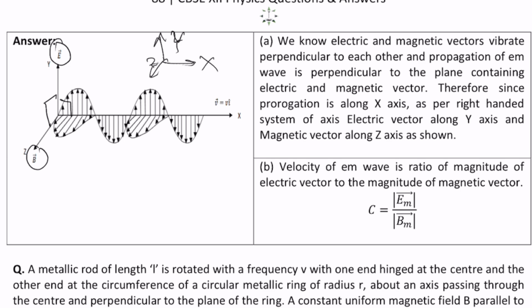This is how the electric and magnetic vectors vibrate. Now the second part: the velocity of the electromagnetic wave is the ratio of the magnitude of the electric vector to the magnitude of the magnetic induction vector. So E by B is the velocity, and this is how it is moving.